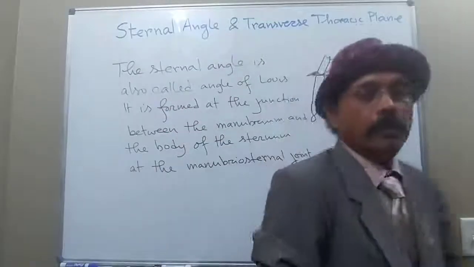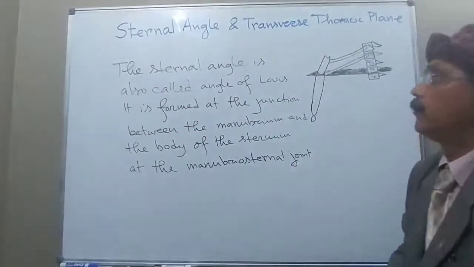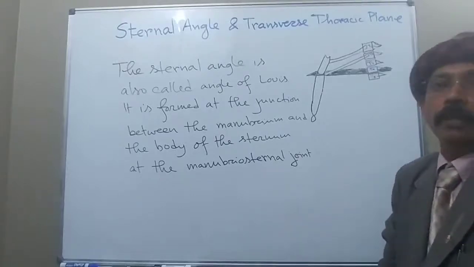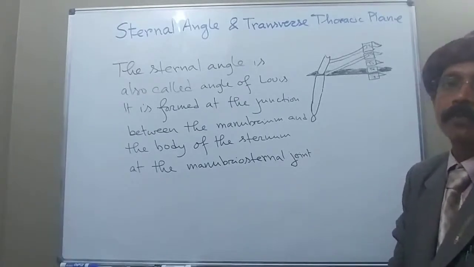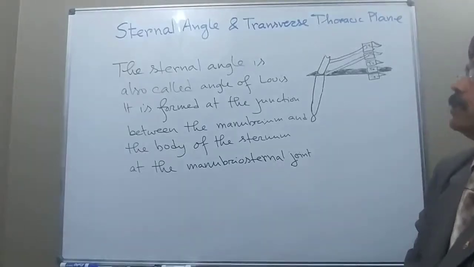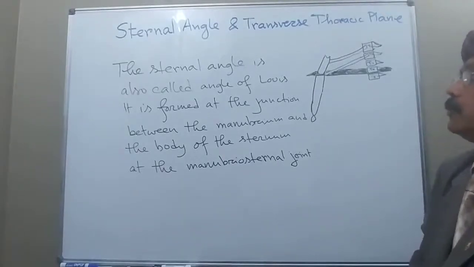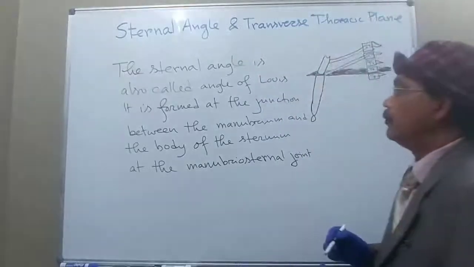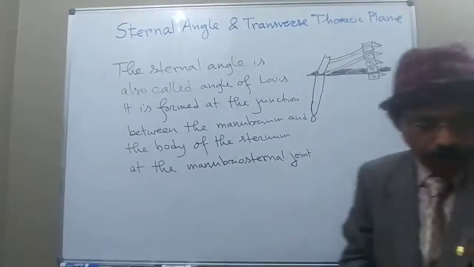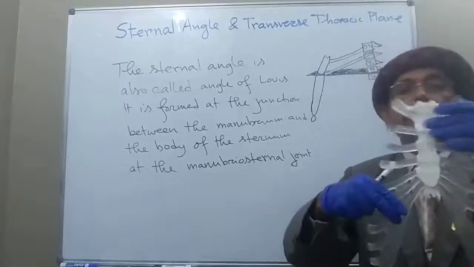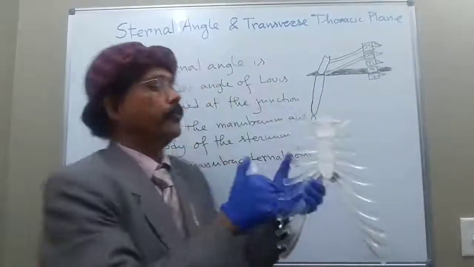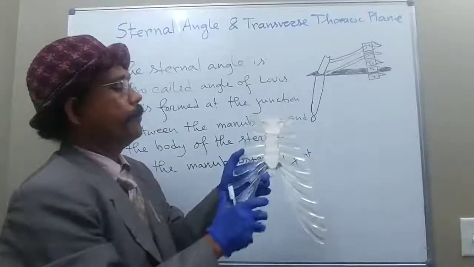Sternal angle is also called angle of Louis or angle of Lewis. According to a French physician, it is formed at the junction between the manubrium sterni, which is here, and the body of the sternum.